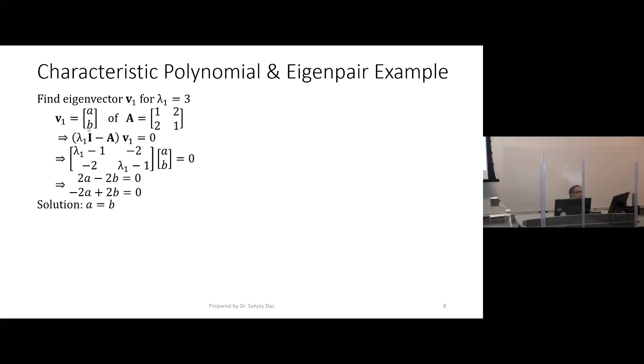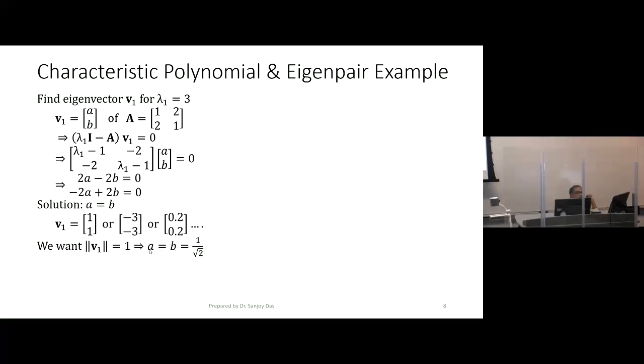Now we have two variables, and we just got a equals b. So we have one variable free. It's our choice. We can let v1 be 1, 1 or negative 3, negative 3. As long as a is fixed, then b has to be equal to a. So a, b are 1, 1, negative 3, negative 3, 0.2, 0.2, or anything you like. But like I said, the convention is we want v1 to be a unit vector.